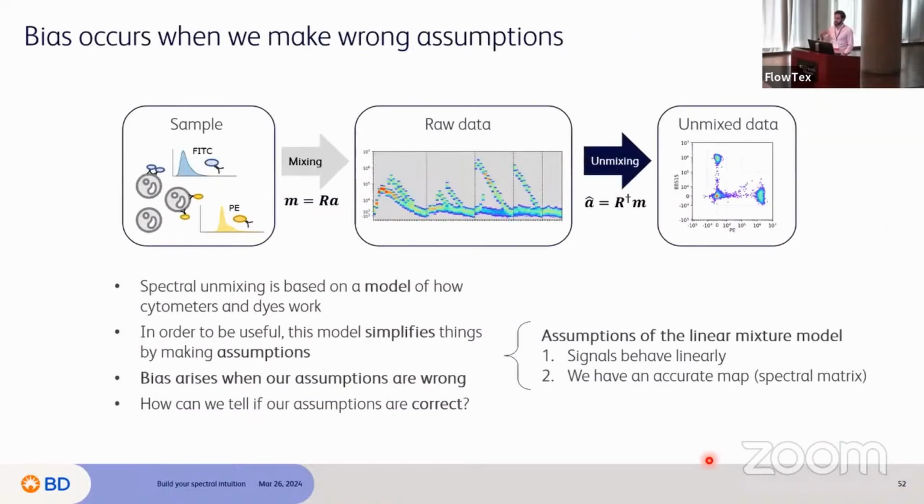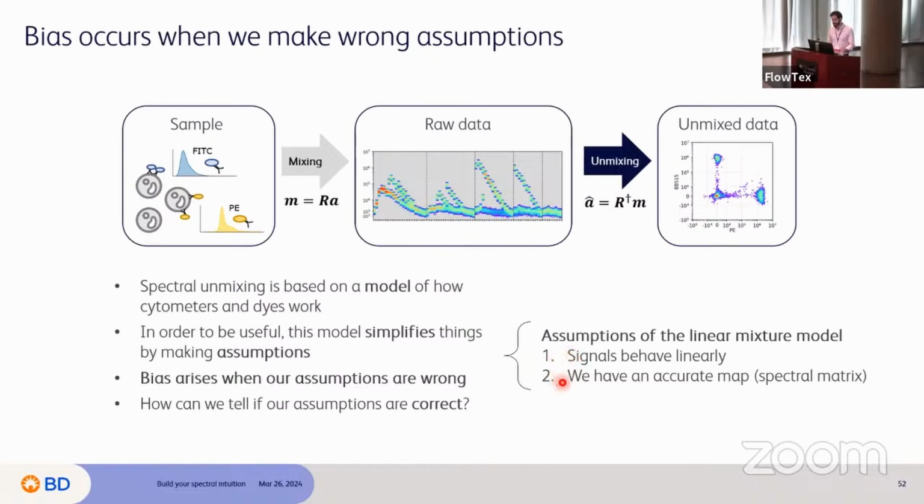Okay, so quickly, I'm going to go through some ways to think about how to fix your problems when you see either bias or variance in your data. Again, this whole pathway of signal transformation I've talked about assumes this linear mixture model. And that makes two key assumptions that are actually in the name. The first is that your signals behave linearly, which I have a hard time explaining, so I'll do that in a slide.